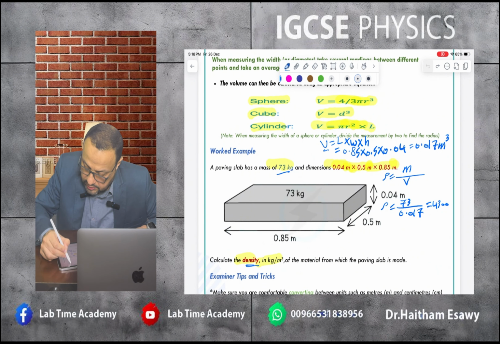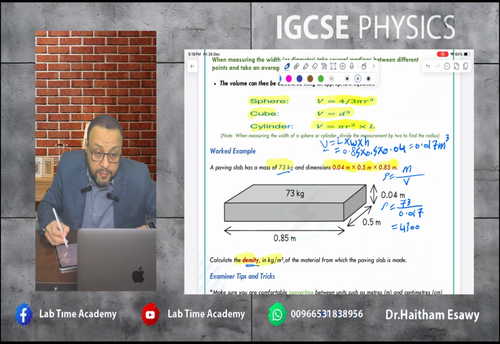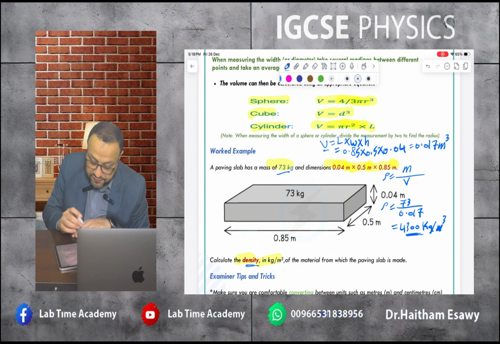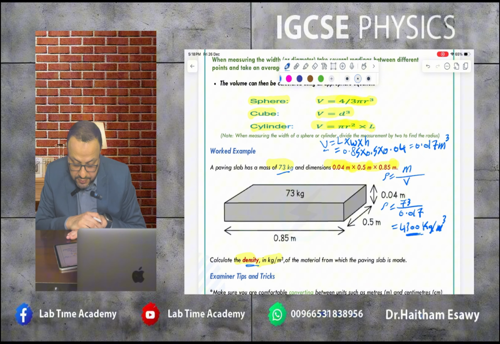So let's write it here: equals 4300 kilograms per cubic meter. We will not convert anything. So this will be the density and the final answer for the density of this substance.